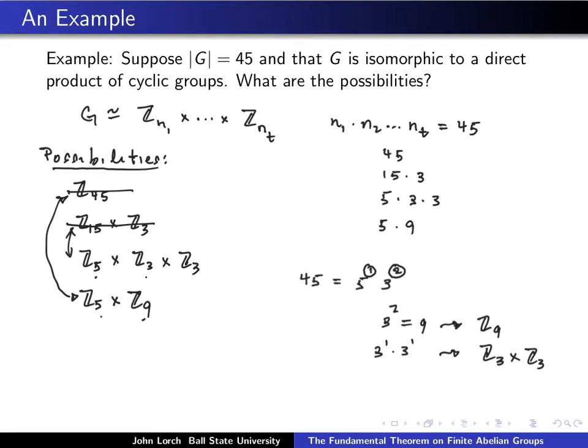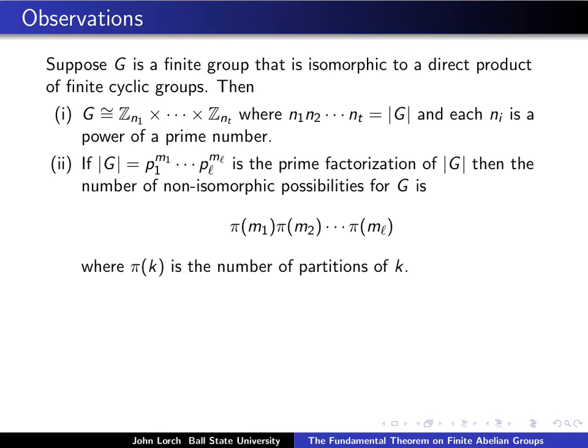So in some sense, for each exponent, the number of ways that we can take that exponent and express it as a sum of integers is going to play a role in the number of possibilities that we get.